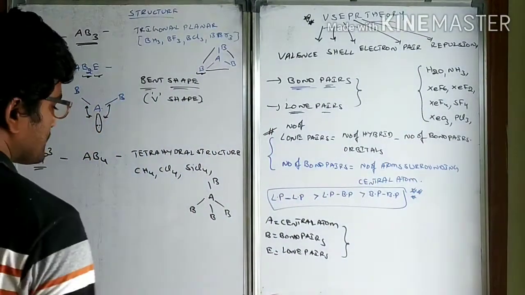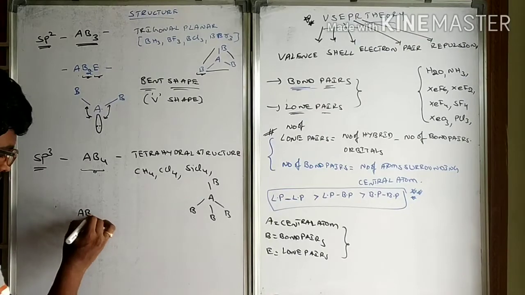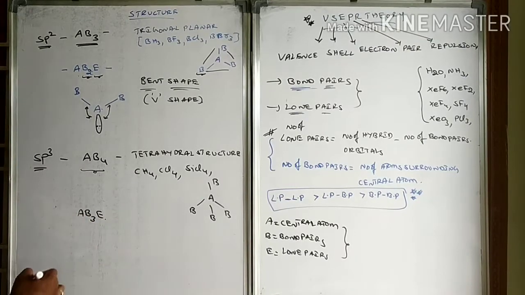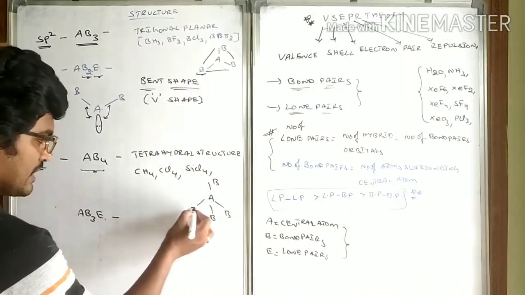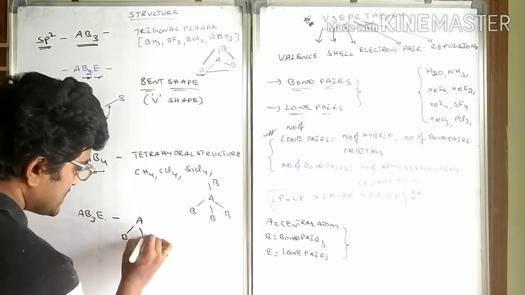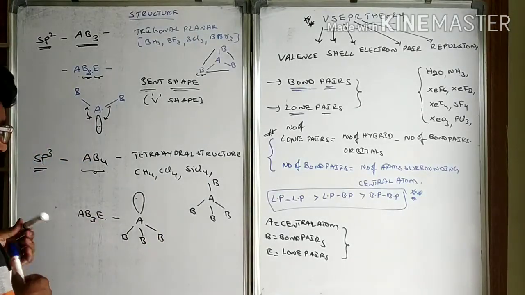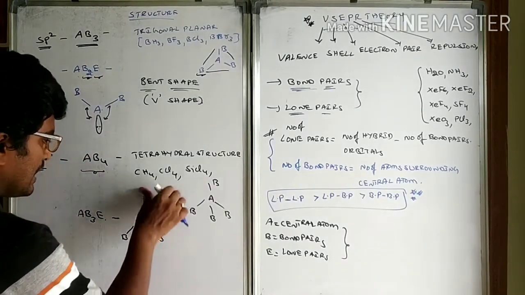Now you see, if one of the bond pairs is replaced by a lone pair, AB3E, then here in this molecule A is in the center. Always remember, an axial bond pair will be converted into the lone pair.